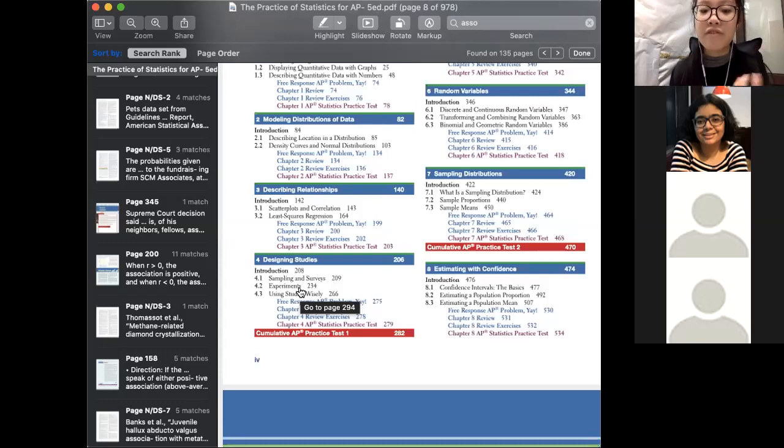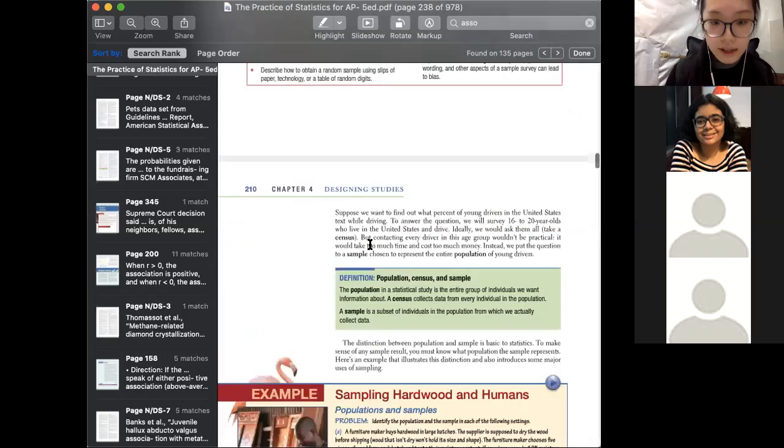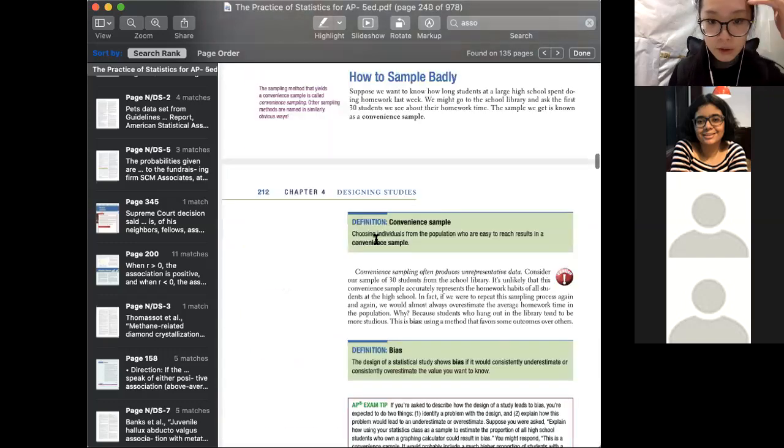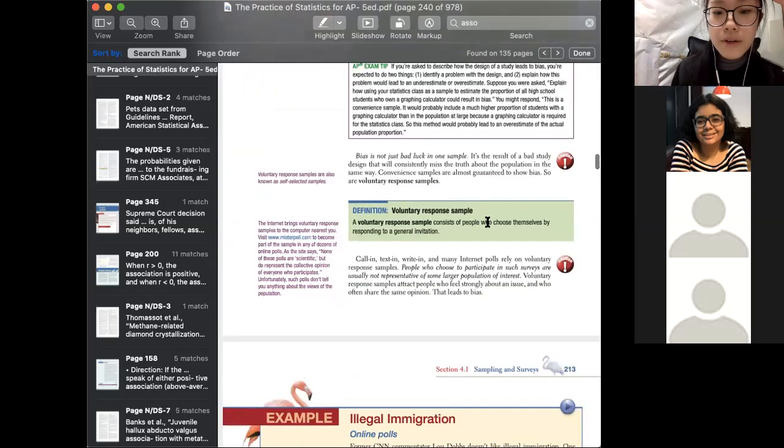That is called a convenience sample. I think I have also written that in my notes, and the notes are much more detailed. A voluntary response sample is where you just give a poll or a survey.